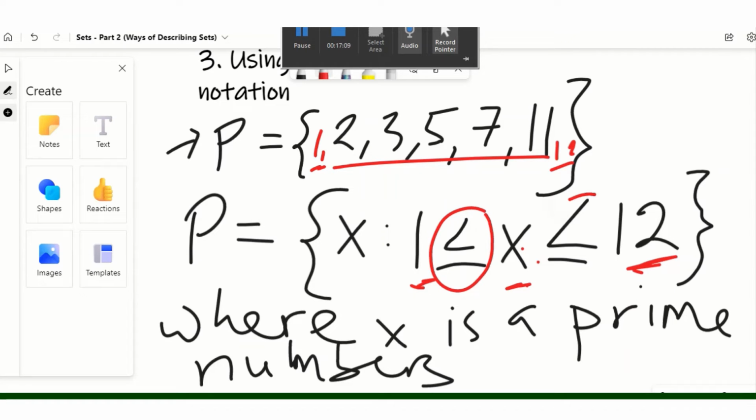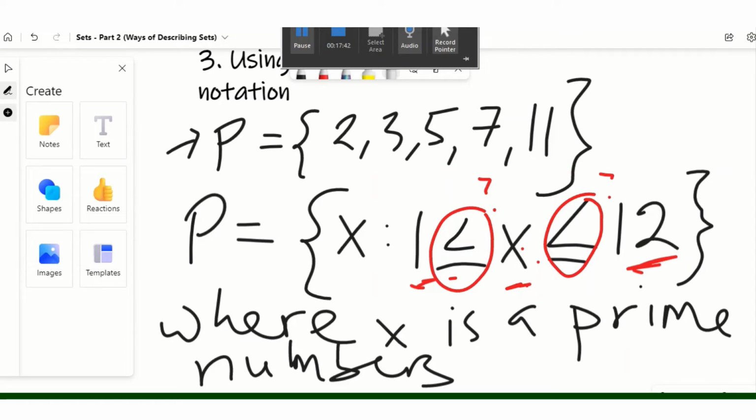So that makes the symbol wrong. You see that? x is not equal to 1. So x is the prime numbers. Now, you must be able to spot these errors, otherwise it could cost you. So let's remove this.